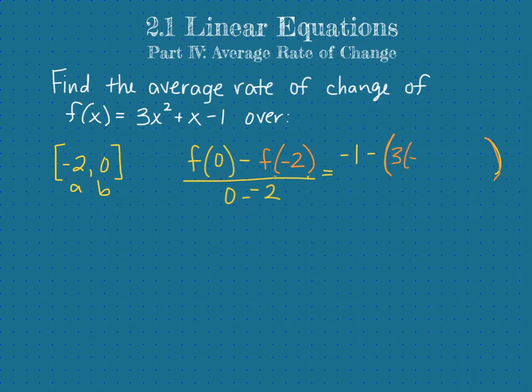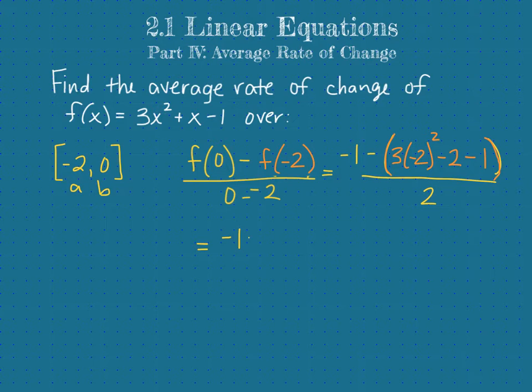So we'll do 3, and then we square -2 plus -2, so I'll just write -2 minus 1. So this is f of -2. I have to actually do some more work there. In our denominator, we will have a positive 2.